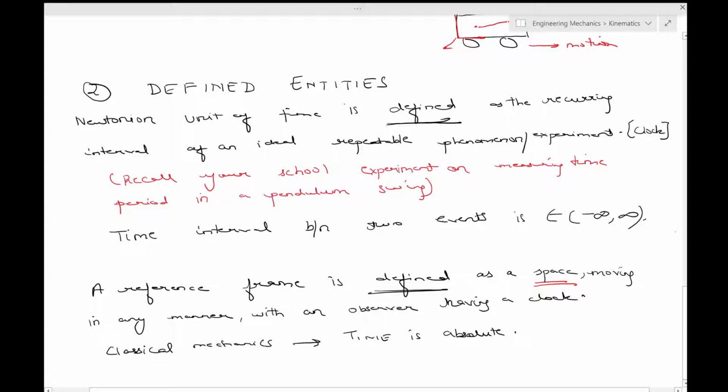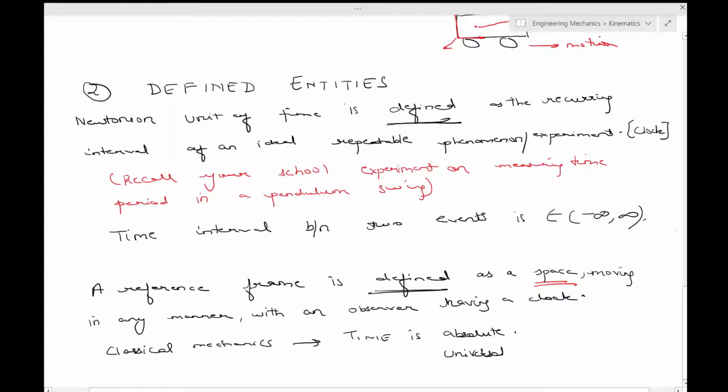So it is also universal, meaning if you measure the time interval between two events, it will be the same in all reference frames, irrespective of the relative motion between the reference frames.